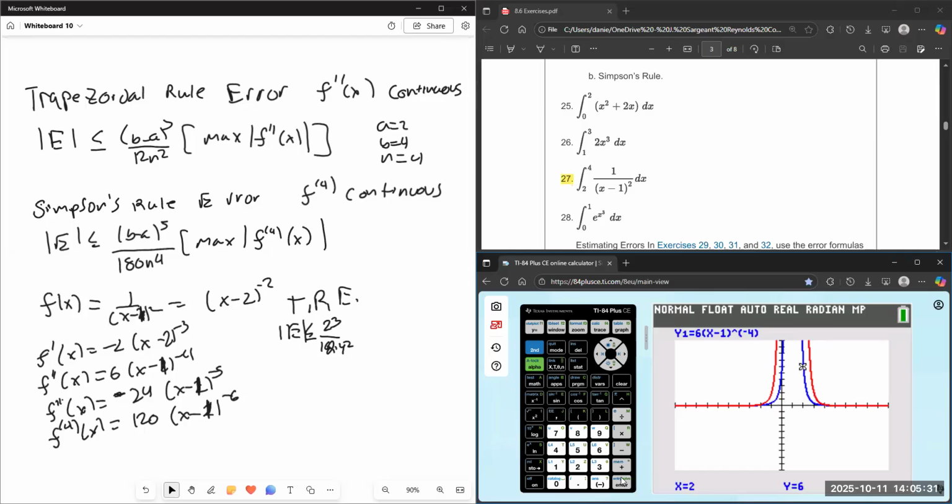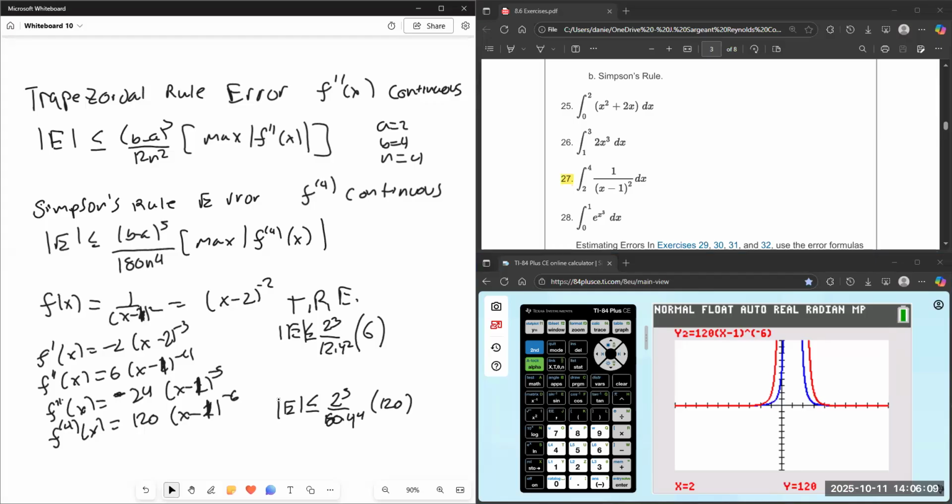So trace 2. F double prime of 2 is 6. And then I'm going to trace, and I'm going to switch functions, and I'm going to evaluate at 2. This one is going to be 2 to the fifth over 180 times 4 to the fourth times, and then this is 120.